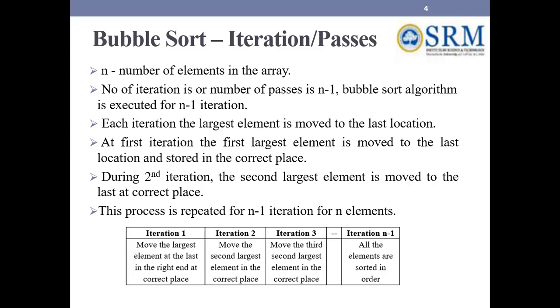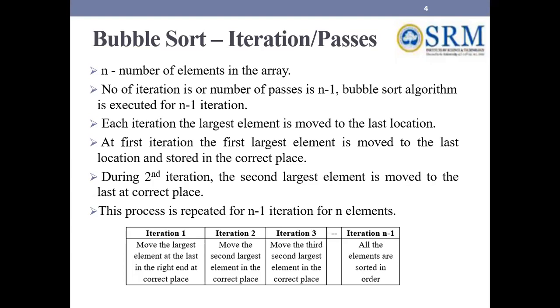After the first iteration, the first largest element is moved to the last location and stored in its final correct place. During the second iteration, the second largest element is moved to the right and placed in the correct place. This process is repeated for n minus 1 iterations to sort n elements.